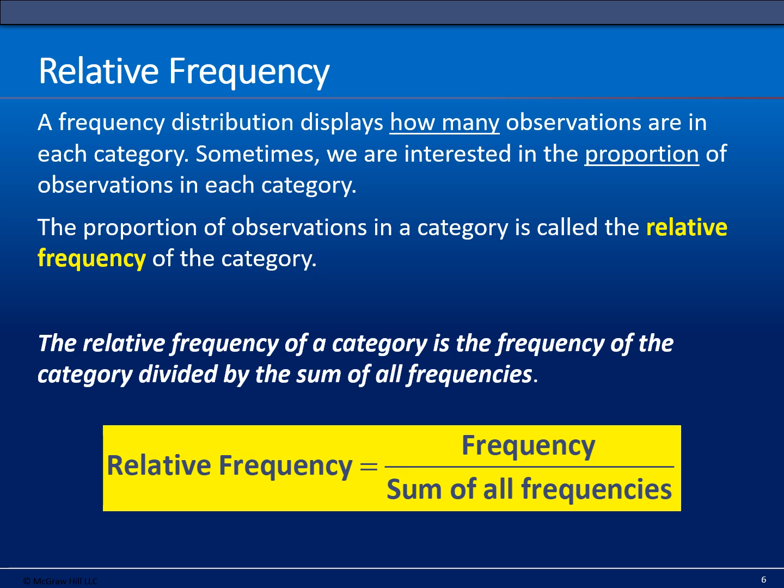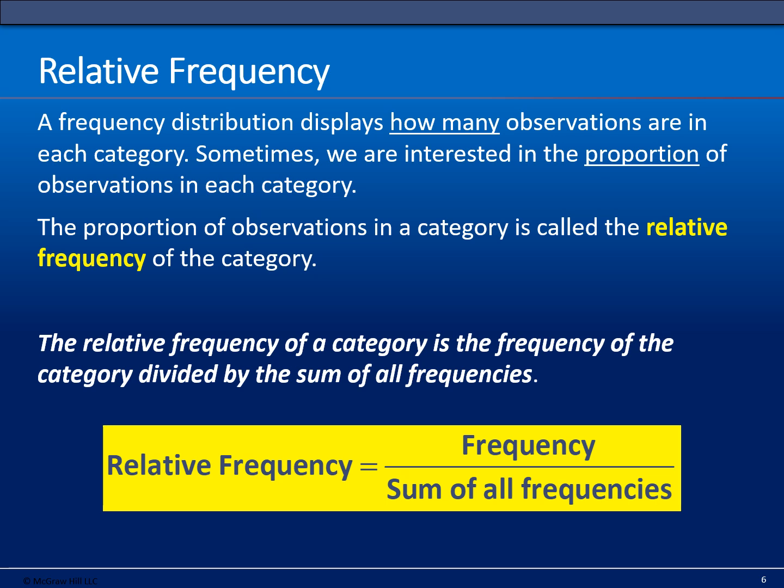One of the things that we might do to manipulate this data mathematically is to calculate a relative frequency, which you might think of in terms of a percent. A frequency distribution displays how many observations are in each category. Often we are interested in the proportion of observations in each category.